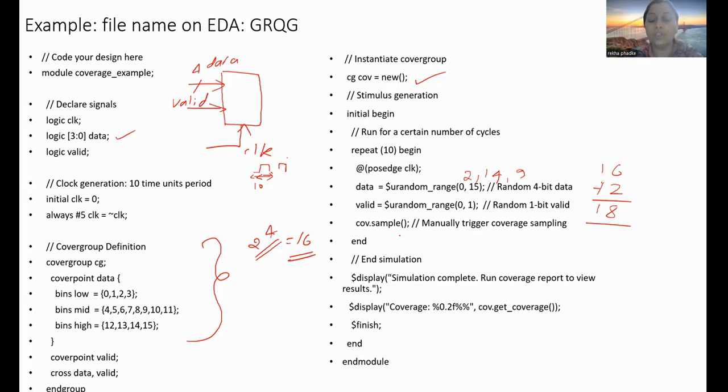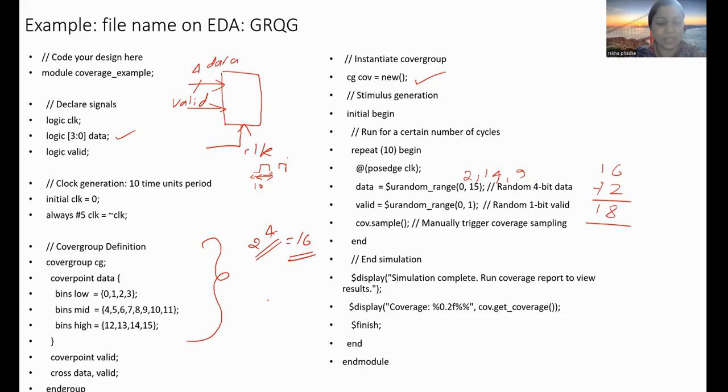Okay, so cov.sample keeps a track about how many hits have happened, and based on so many hits, it will calculate the percentage coverage. Okay, and using the get_coverage, I can print the coverage value on the screen.